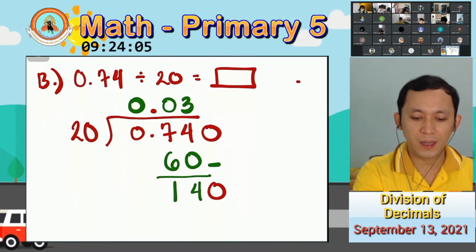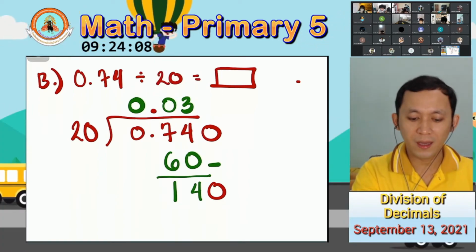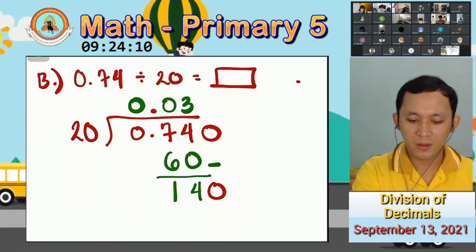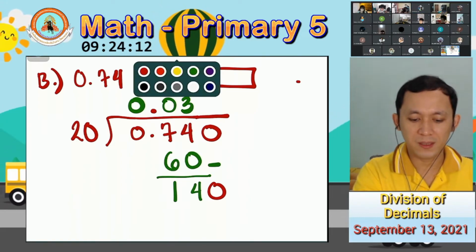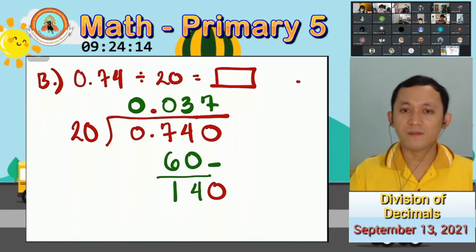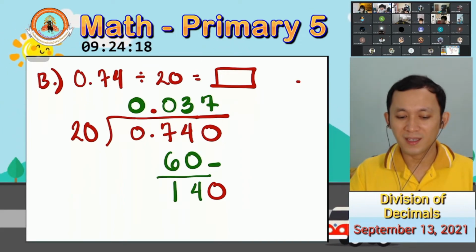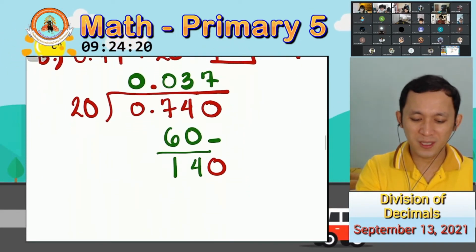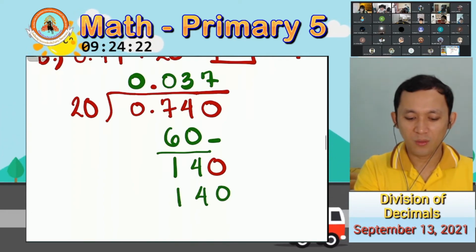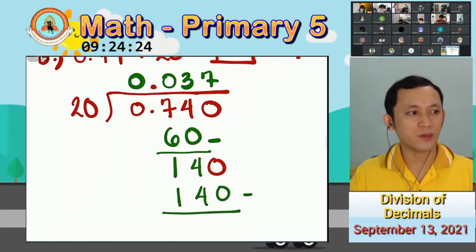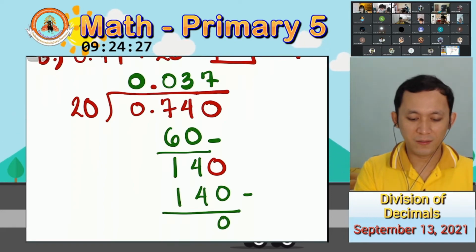140 divided by 20. We have 7. Okay, very good. 7 times 20, we have 140. 140 minus 140, we have 0.